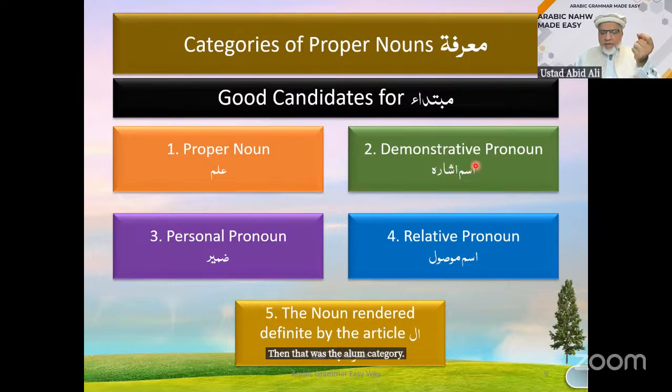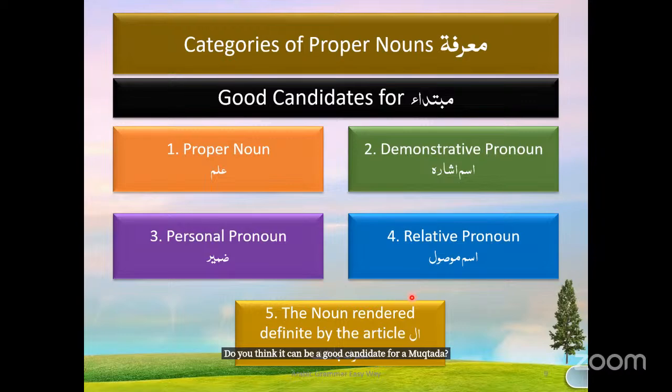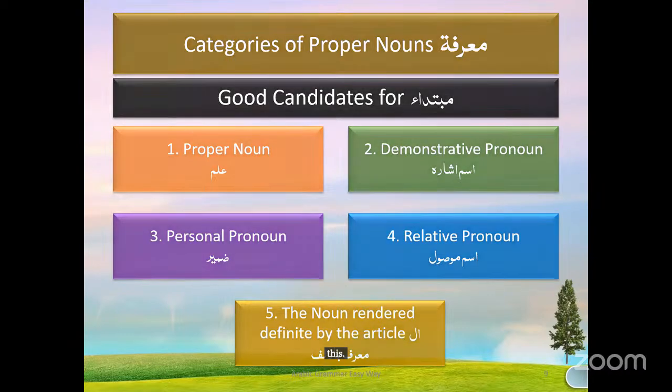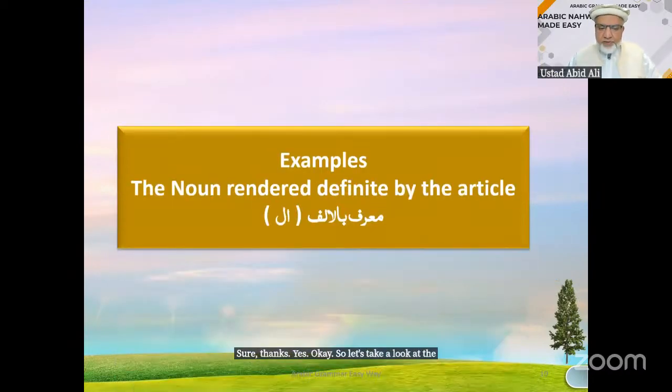In today's lecture, we are going to look at the demonstrative pronouns, and we are going to look at the personal pronouns. If Isme Ishara is marifa, do you think it can be a good candidate for a mubtada? Yes. Okay. So let's take a look at the Al category first, the examples we covered in the last class.